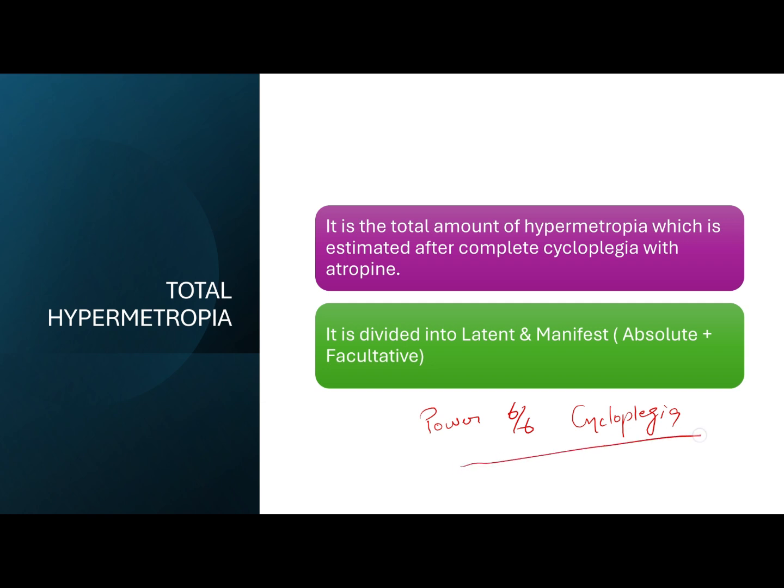This is total hypermetropia, and this can be further divided into latent and manifest. And as I told you, manifest again has absolute and facultative. Okay, let's see each component individually.